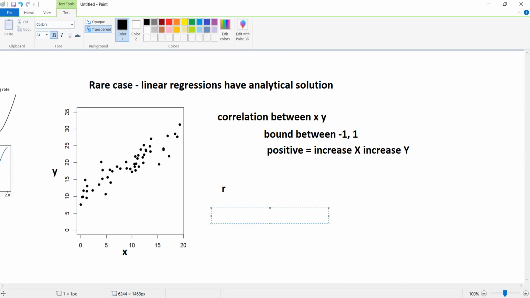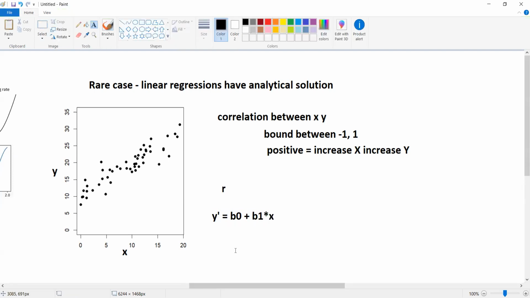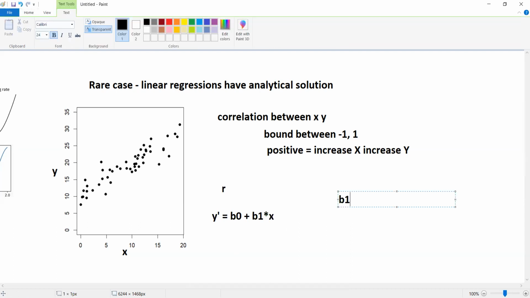And we want to fit the formula Y hat equals B0 plus B1 times X. This is crazy, you might not believe me. We can immediately get B1 as a solution. It is R times the standard deviation of Y divided by the standard deviation of X.